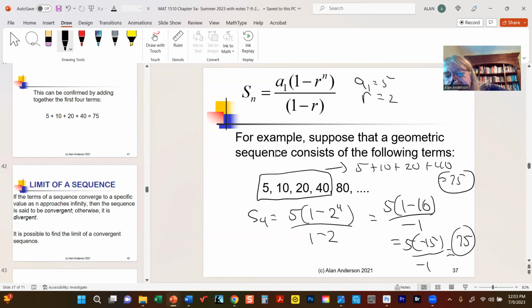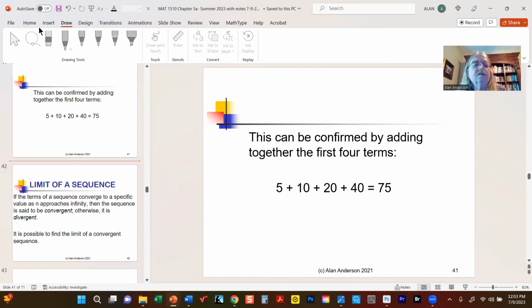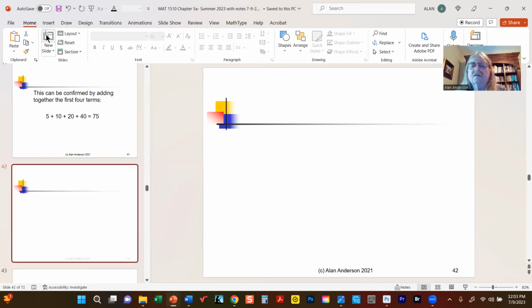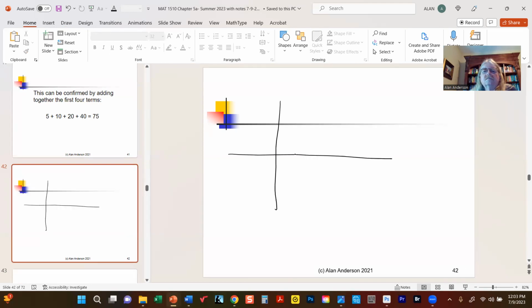In other words, is it the case that if you drew all the terms in the sequence, like for example, the one that had 1, 1/2, 1/4, 1/8, etc., etc. If I were to plot that out, here's 1, here's a half, here's a quarter, here's an eighth, here's a 16th.